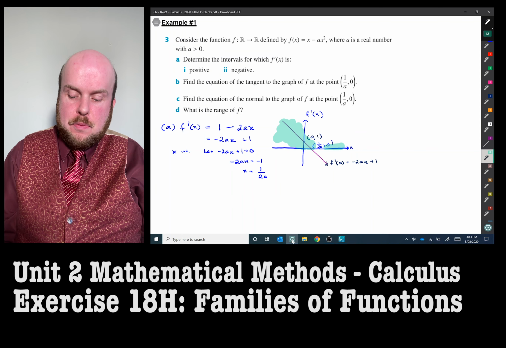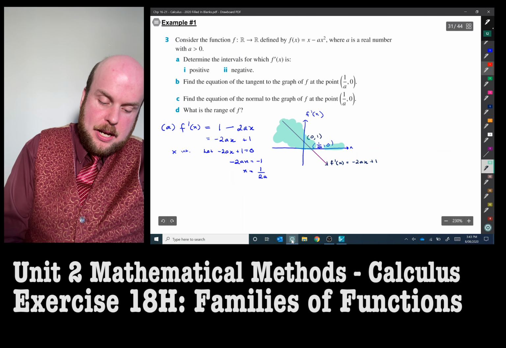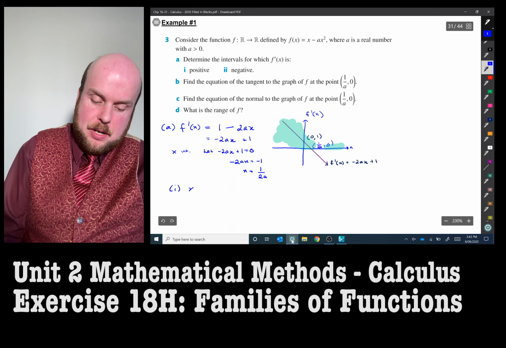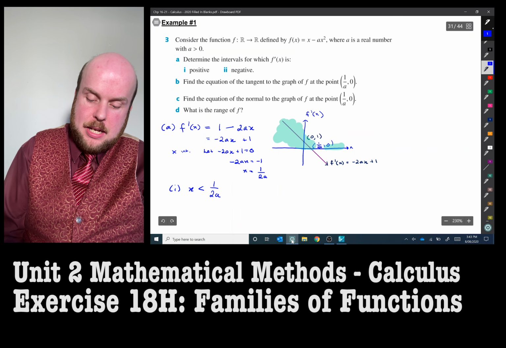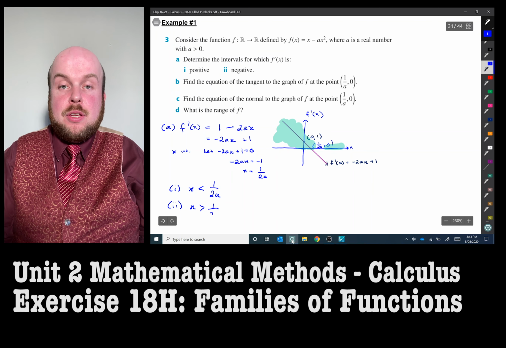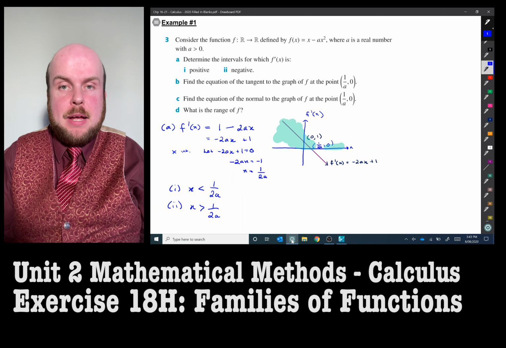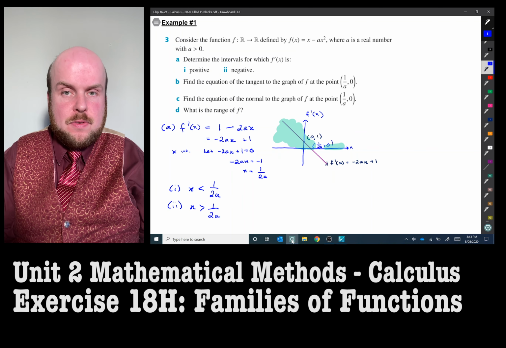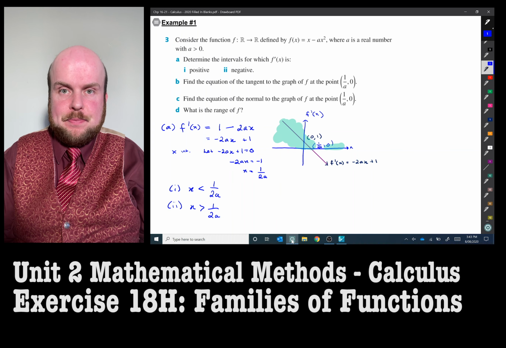So therefore, we can simply state here that for i, x has to be less than 1 over 2a, and for part 2, x is greater than 1 over 2a. You could have also solved this conventionally, since that's a linear equation, by doing some algebra. However, sometimes having the image there is very useful for us to see from a visual point of view.